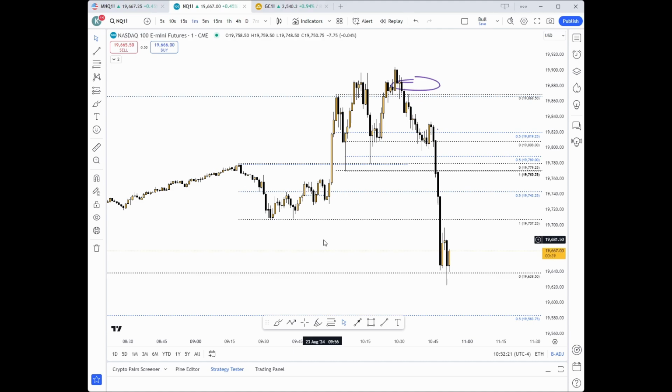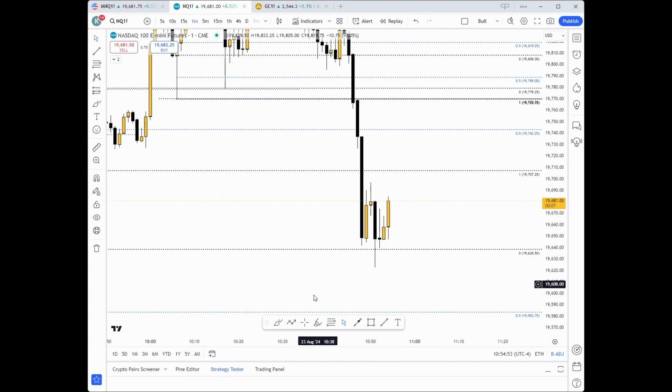Where are we going to now? What's our first line of defense? What's our first expectation? If. Right? Not there yet, but first line of defense coming in. First, that open. Second, here.